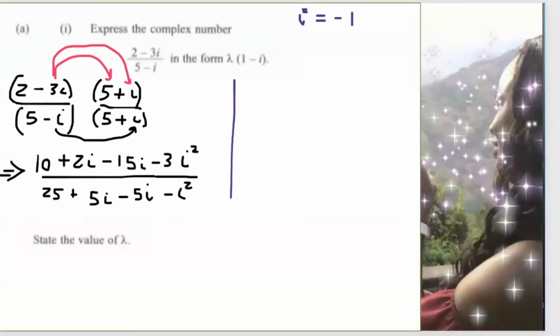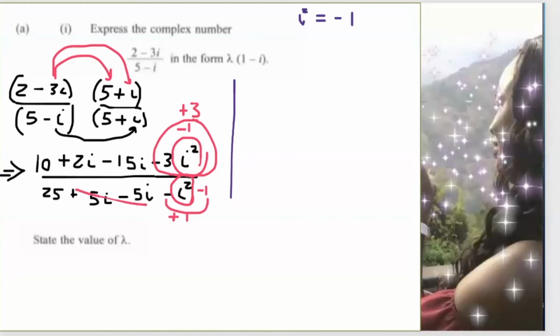So we can replace the i squared in the numerator with minus 1, and negative times negative will give me positive, so what I'll have here is plus 3. Same in the denominator, i squared is negative 1, so this minus sign will change to a positive, so this will become plus 1. Also in the center, the 5i minus 5i cancel.